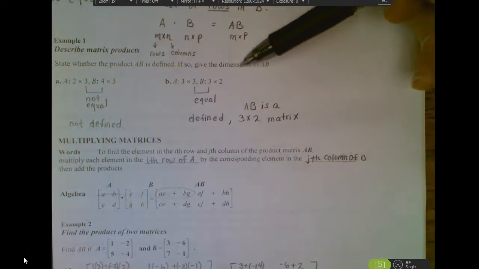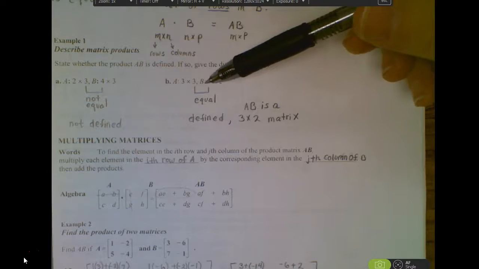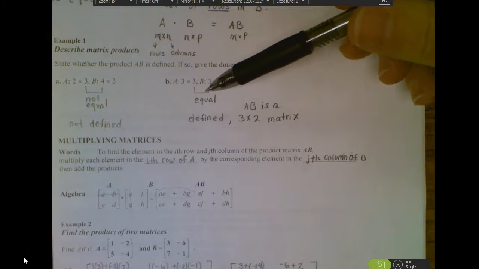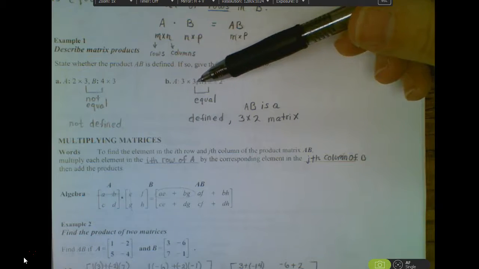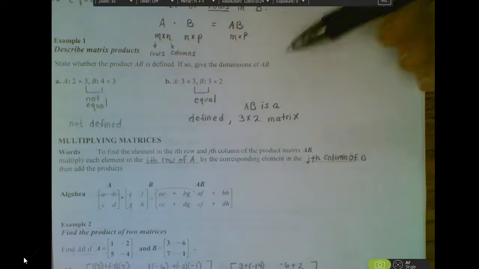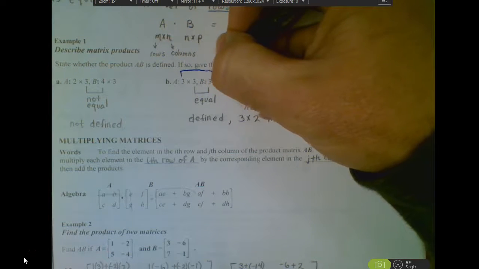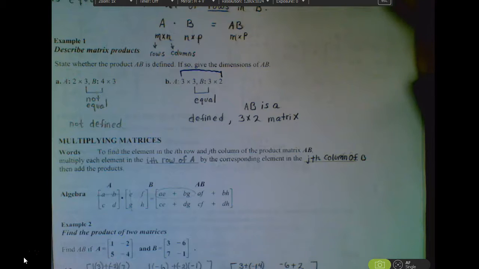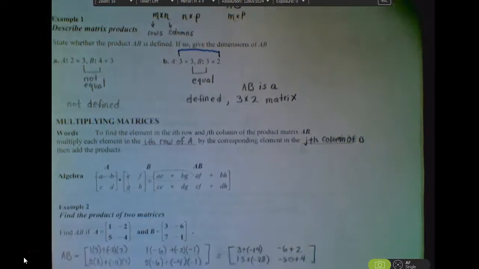So here's what should happen. If my interior numbers match up, so this guy has a 3 and this guy has a 3, because these columns match these rows, I am allowed to multiply. And if I multiply, my result would be a 3 by 2 matrix. That's what you're seeing within these.